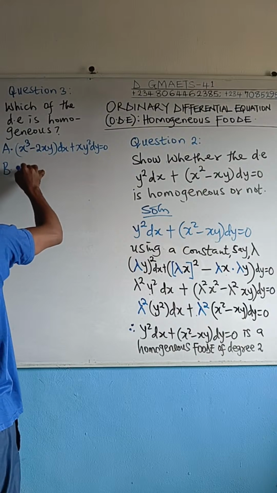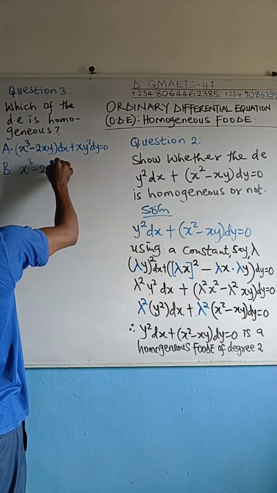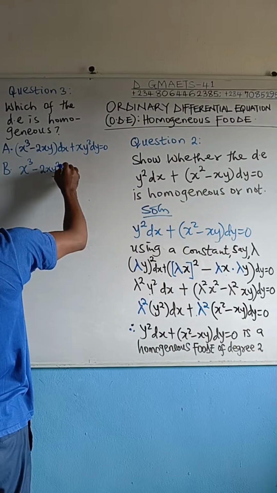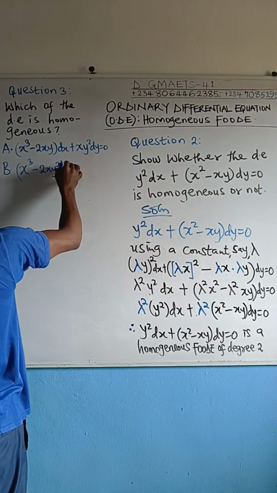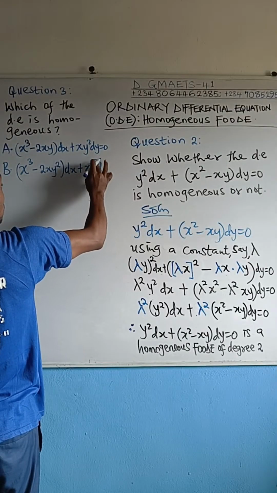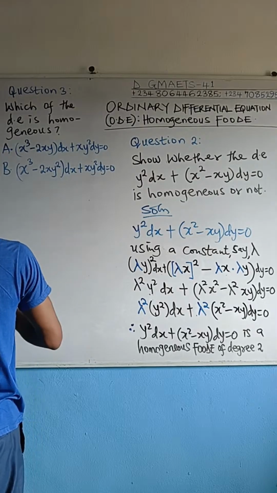B: x cubed minus 2xy squared dx plus xy squared dy equal to 0.